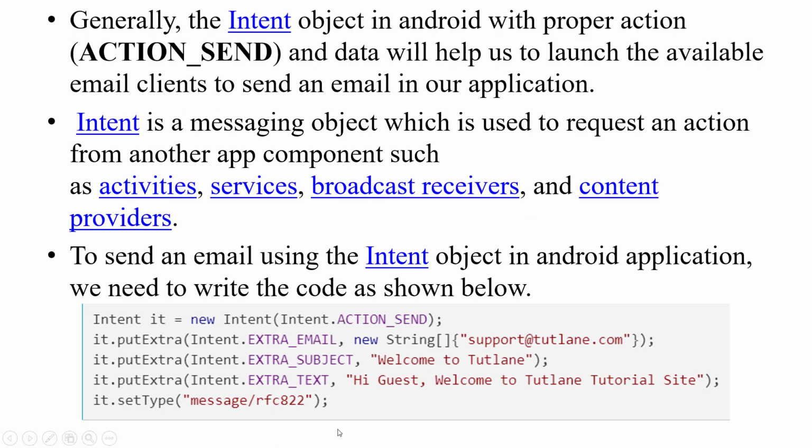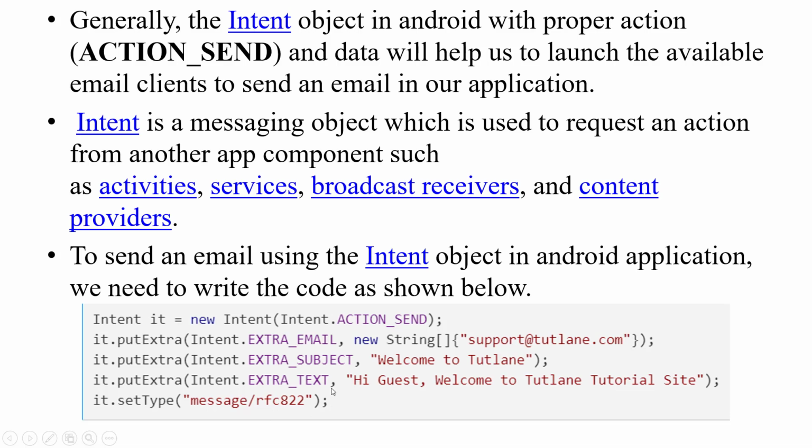Now what is setType here? In setType we can define what type of data we want to send. Here we have used message/rfc822, and other types of data are text/plain, MS form or JPG.